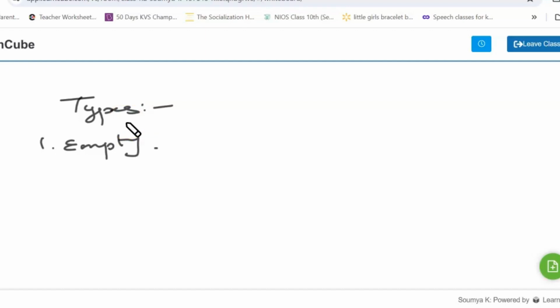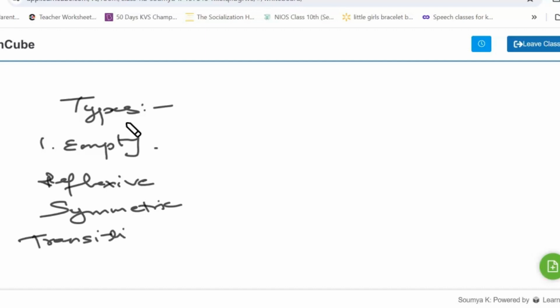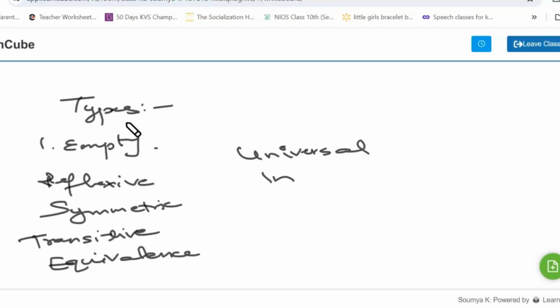So empty relation, then comes reflexive relation, then symmetric, transitive, then comes equivalence, then universal, inverse, identity relations.